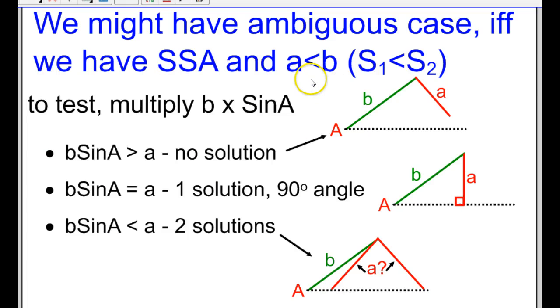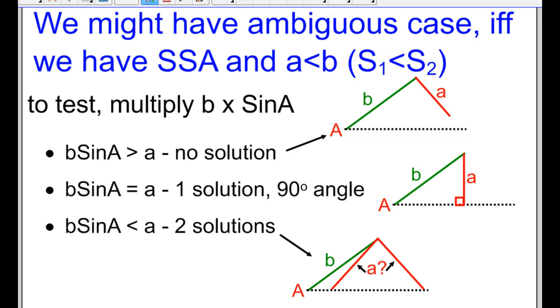So, quick little summary here. We might have the ambiguous case if and only if. IFF means if and only if, so this is a forced case. If we have side-side angle and a situation where side A is less than side B, or what I referred to before as side 1 is less than side 2.